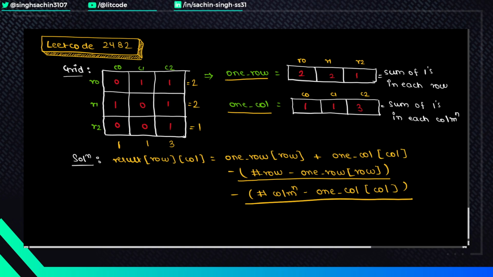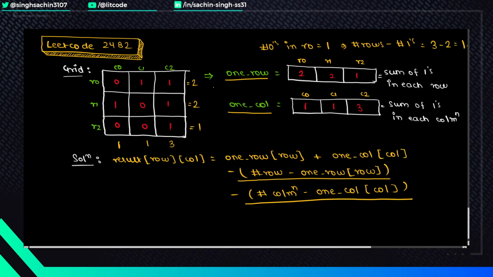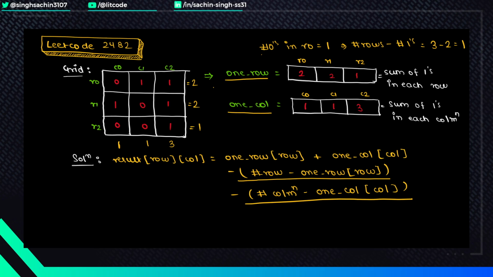For example, if you want to calculate the number of zeros in row 0, which will be 1, we can also get this by subtracting the number of ones from the total number of rows. The total number of rows was 3, we had 2 ones, we'll get 1, right? So this is what I'm going to use for calculating the number of zeros in rows and columns both.